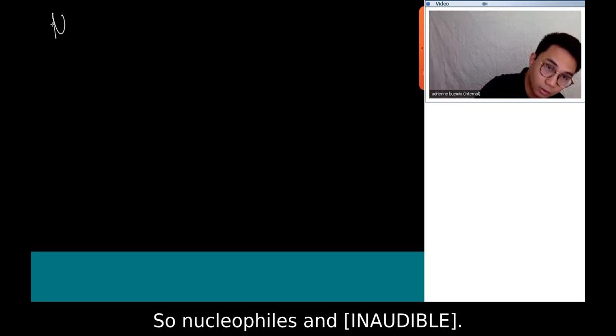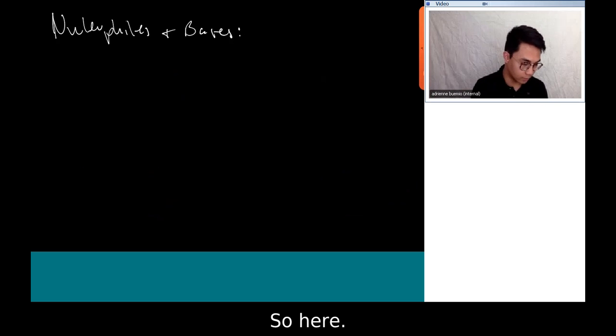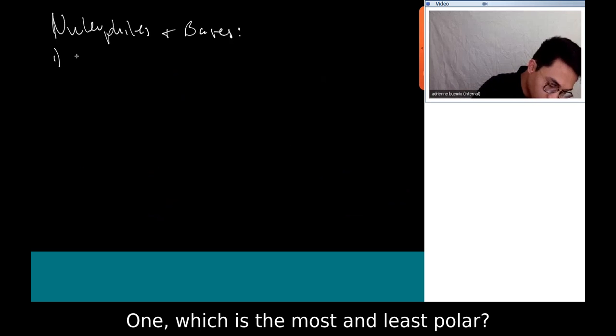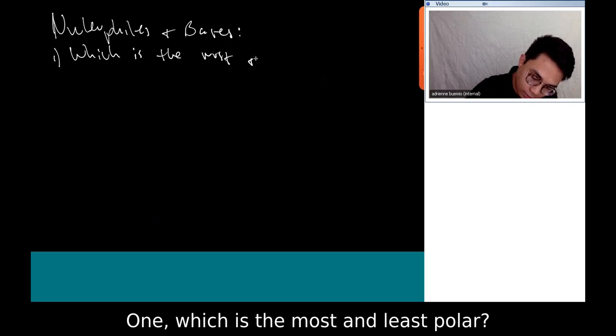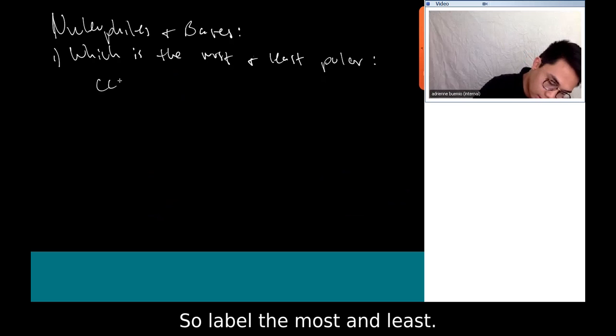So let's do some problems and see what damage we can do. So nucleophiles and bases. Okay, so here, one. Which is the most and least polar? So label the most and least, right?